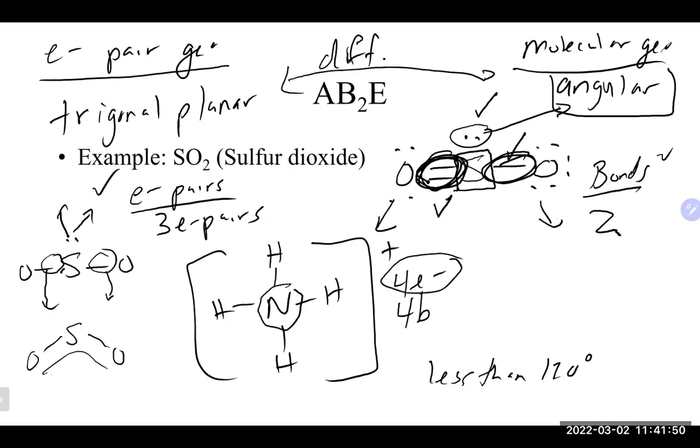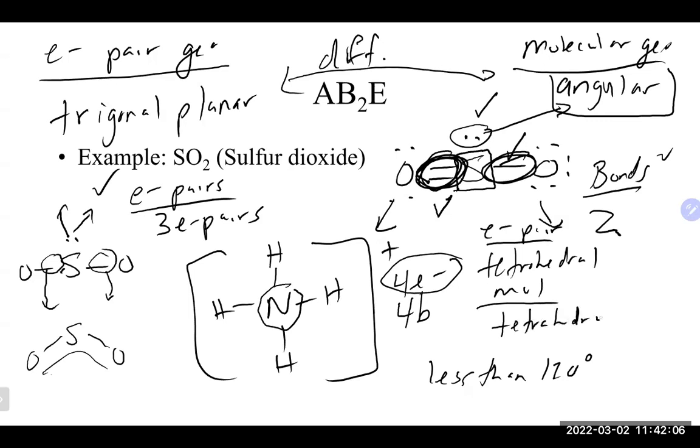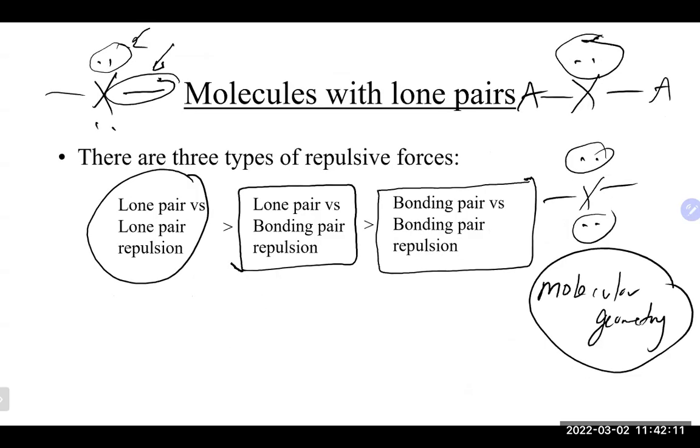Something with 4 electron pairs in terms of electron pair geometry would be tetrahedral, right? And the molecular geometry would be the same. Again, here, no dots on that central atom, so both of those names should be the same in that case, just since we're going backwards to what we did earlier.